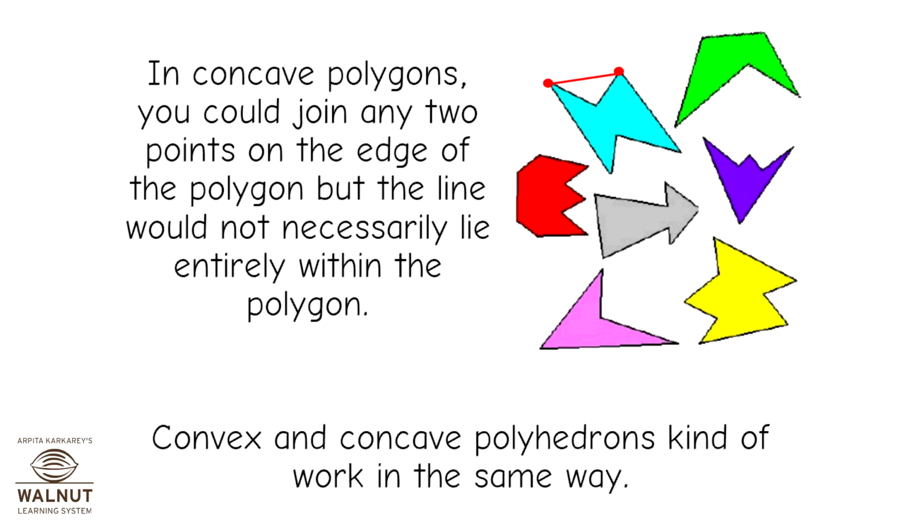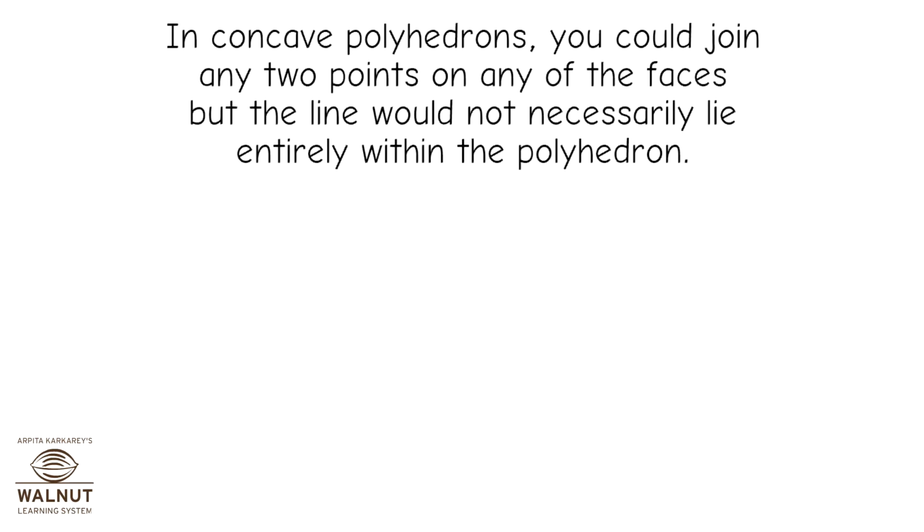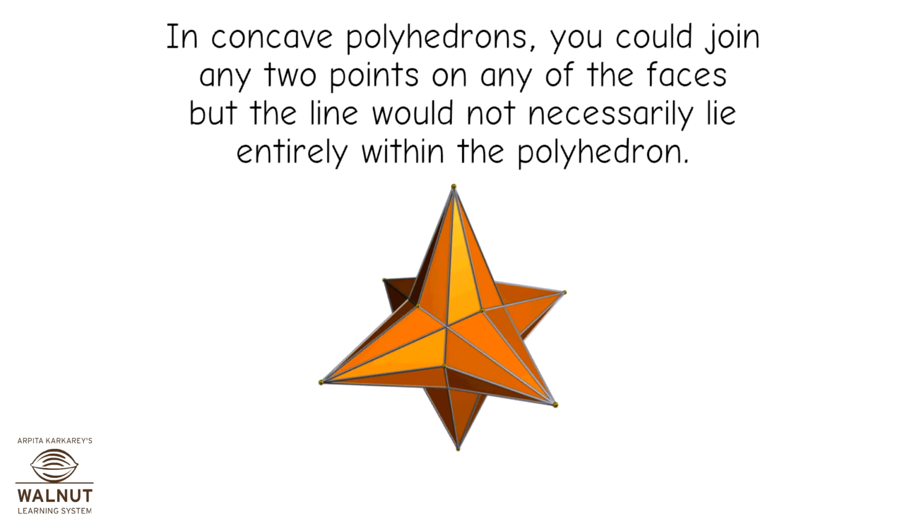In convex polyhedrons, you could join any 2 points on any of the faces and the line would lie entirely within the polyhedron. In concave polyhedrons, you could join any 2 points on any of the faces, but the line would not necessarily lie entirely within the polyhedron.